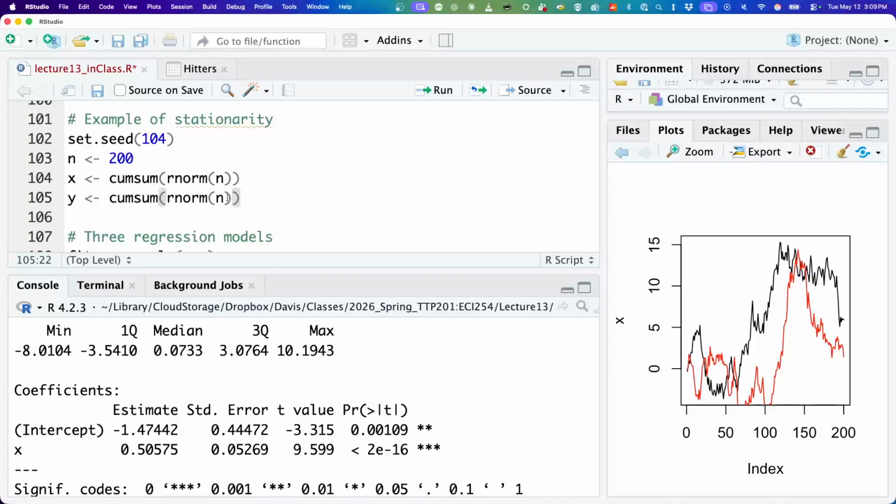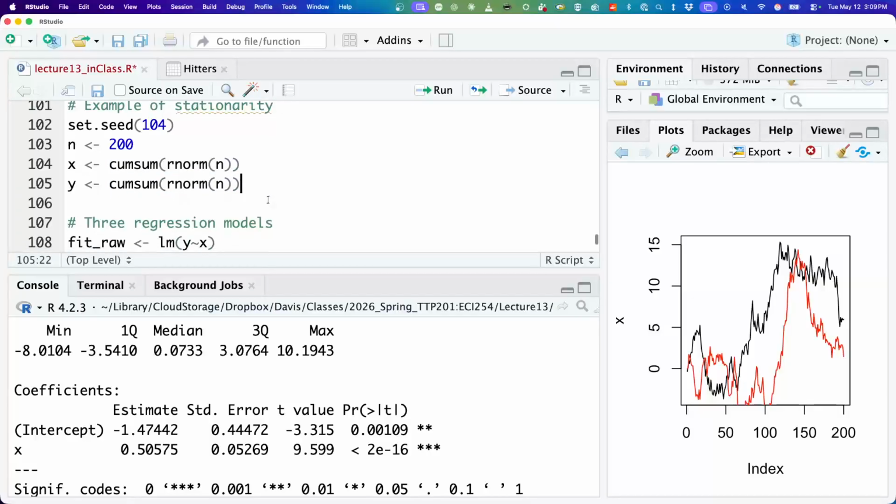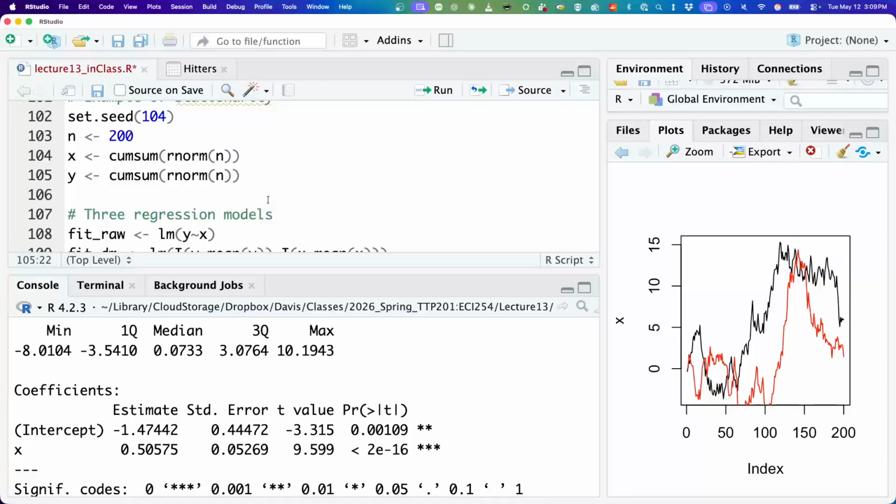No, actually, it may look like that because I'm using the same line, but we're doing random draws. So actually they're completely unrelated. Y is not a function of x. It's just random draws. Is everyone following?